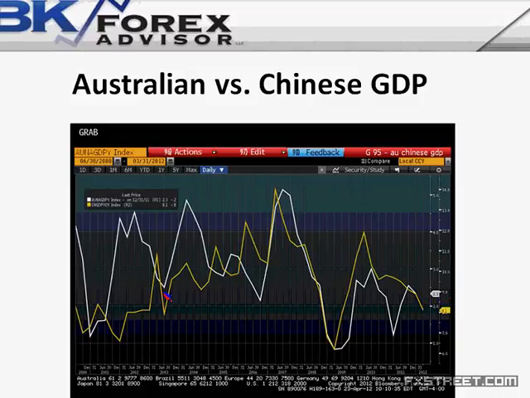So given the strong correlation between Australian and Chinese growth going all the way back to 2000, there's a very good chance that this white line is going to come down towards this yellow line. We may not see it dip below 2% as this chart would suggest, but there is a good chance that we could see slower GDP growth in the first quarter, maybe even down to 2.2 or 2.1% for Australia.